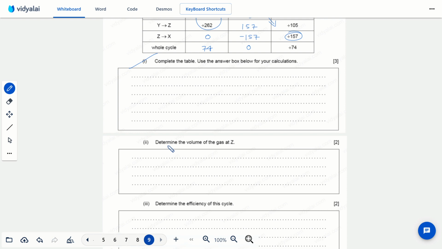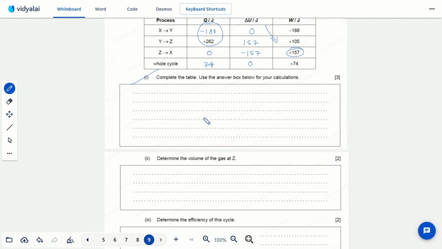Now we have to determine the volume of the gas at Z. So we're going to make use of this column right here because it talks about the change in state going from Y to Z. Since this is an isobaric process, we can make use of the work that's performed in this step, and we can write it down as pressure, which stays the same going from Y to Z since it's isobaric, times the final volume Vz minus Vy.